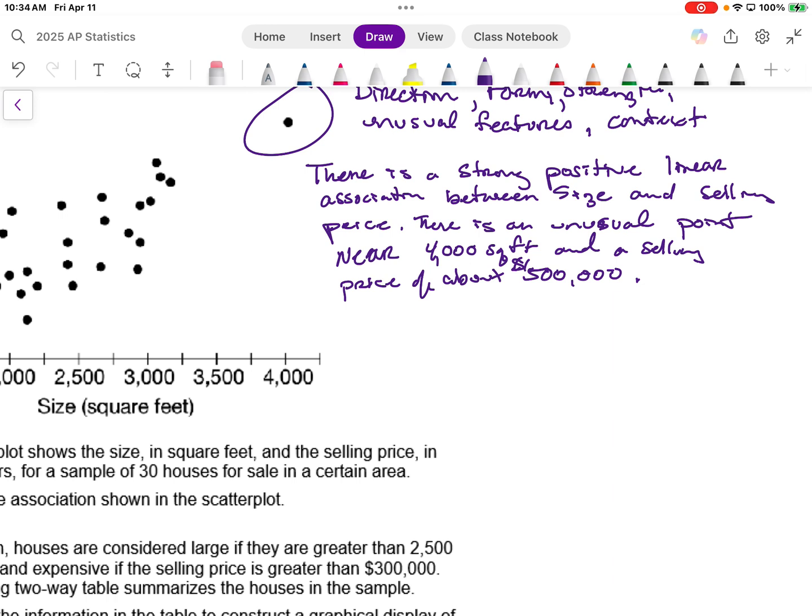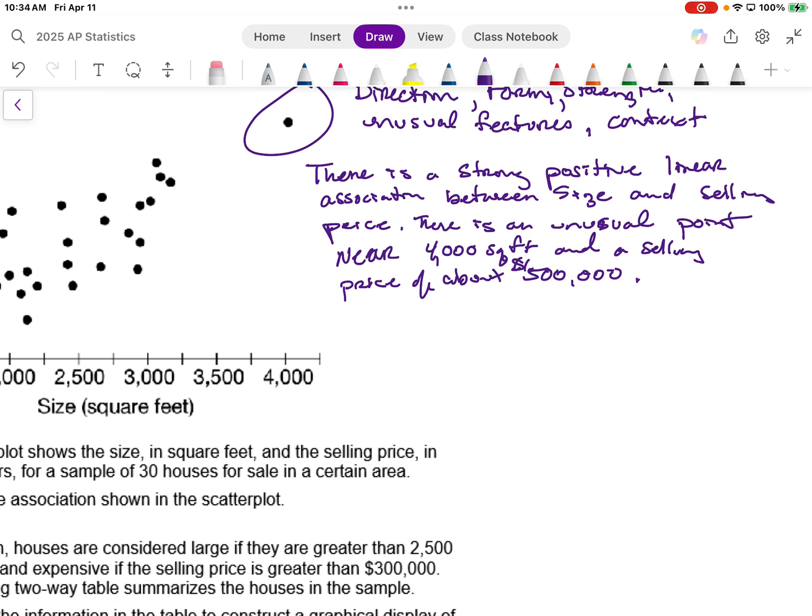Because that'd be the one thing I see: if you just list down strong and then positive, linear, and you say unusual point 4,000, I find it... They want it a little bit nice, kind of this big. Because that's the first part, it sets the tone on your approach. So I would make it kind of nice and sweet like that.